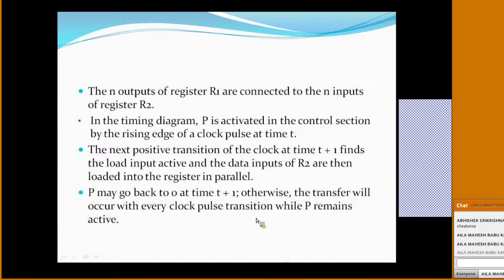We will discuss the different types of micro operations, such as register, arithmetic, and so on, in detail in the next class.